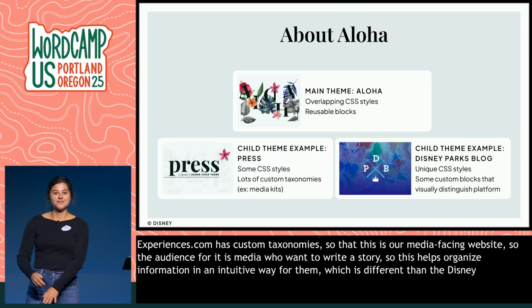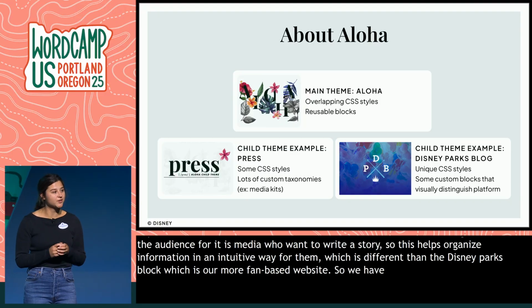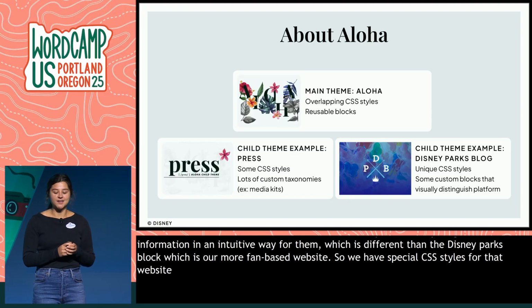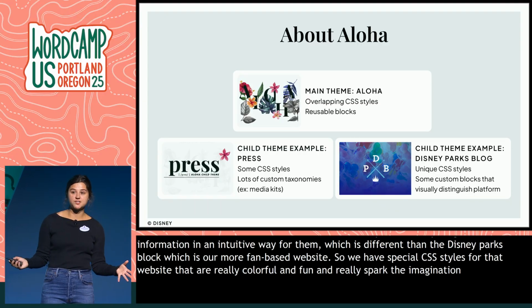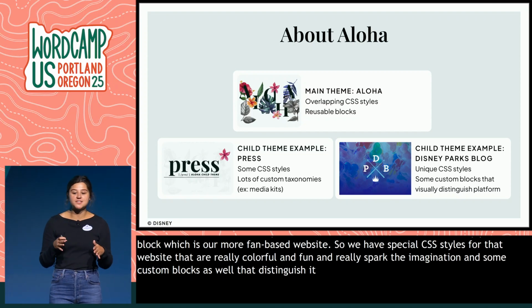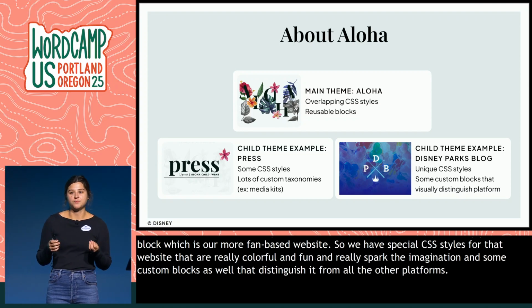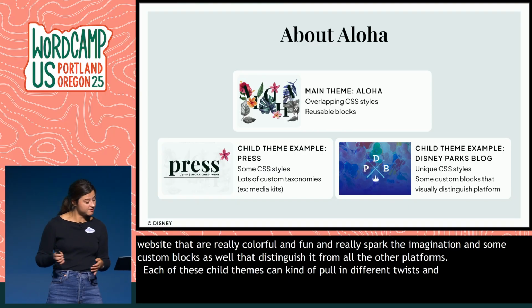So we have special CSS styles for that website that are colorful and fun and really spark the imagination, and some custom blocks as well that visually distinguish it from all of the other platforms. So it's really this large system in which each of these little child themes can pull in different twists and turns and different flavors for each of our different audiences.